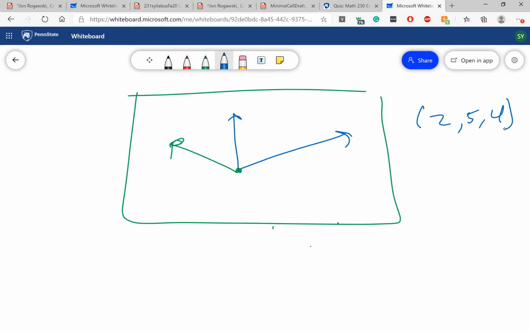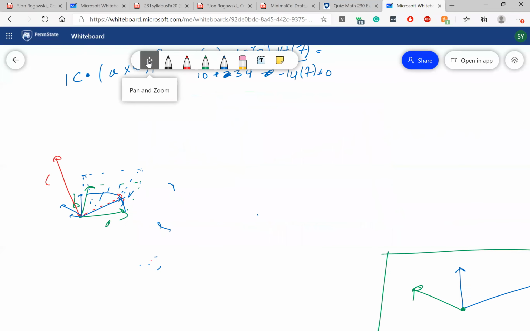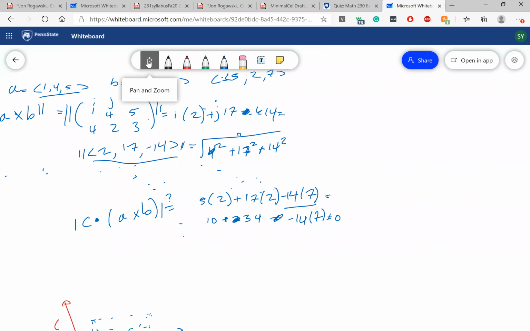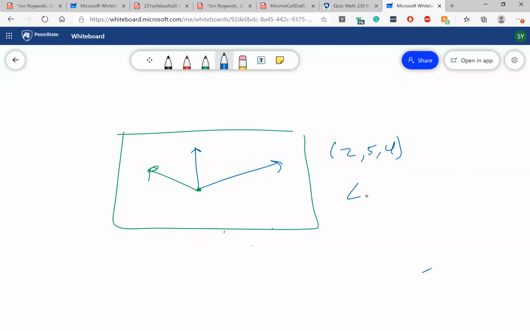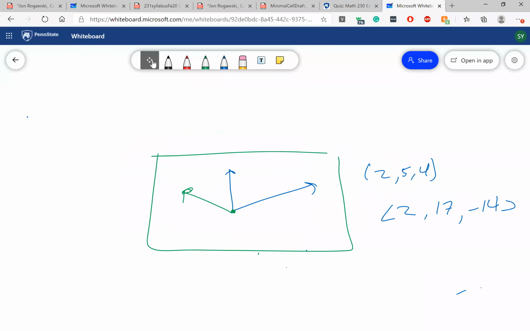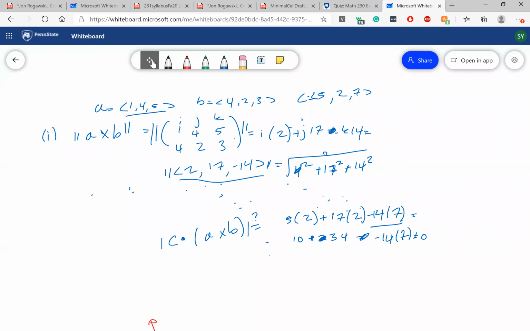Okay, so we have the normal vector, and the normal vector is the vector 2, 17, and negative 14. At this point it makes sense to verify, because I never actually verified that this was correct. Let me take the dot product of this vector with this vector.